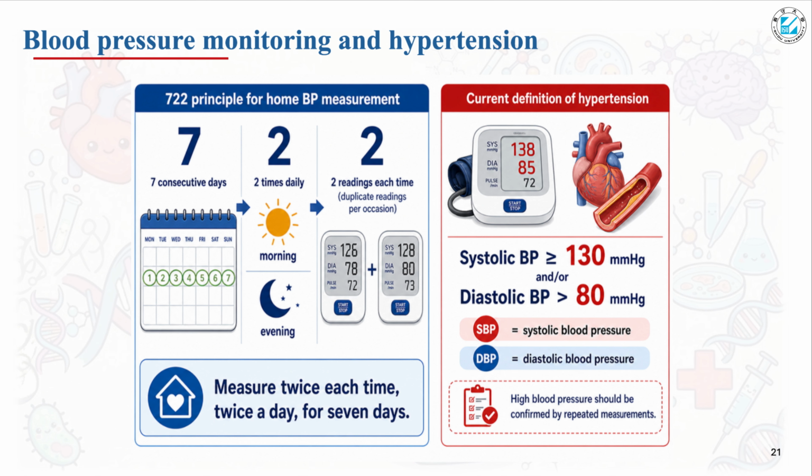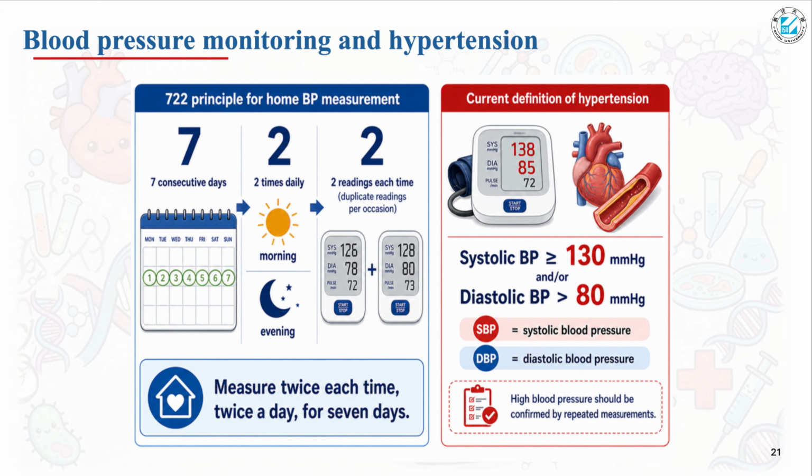A useful method is the 7-2-2 principle. The first 7 means measuring blood pressure for 7 days. The first 2 means measuring twice a day, usually once in the morning and once in the evening. The second 2 means taking 2 readings each time.